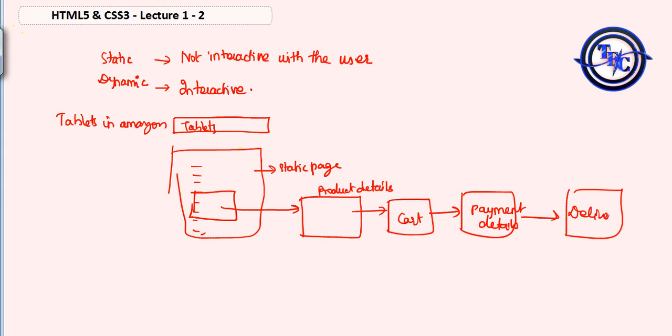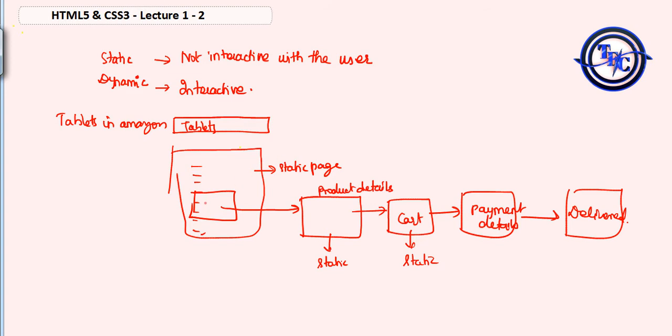This is what happens in real time. So here each page is said to be a static page. Every page is static. But when it interacts with the user, it becomes dynamic.